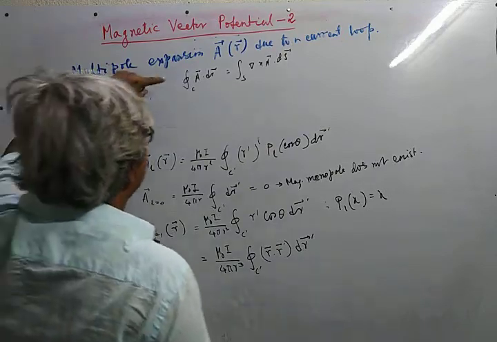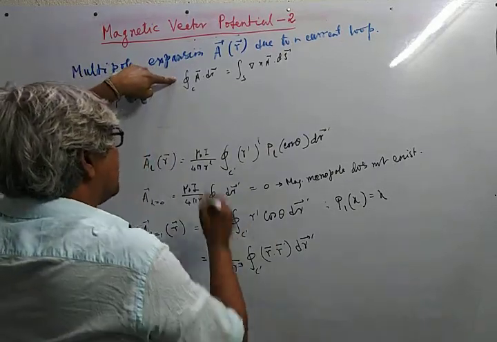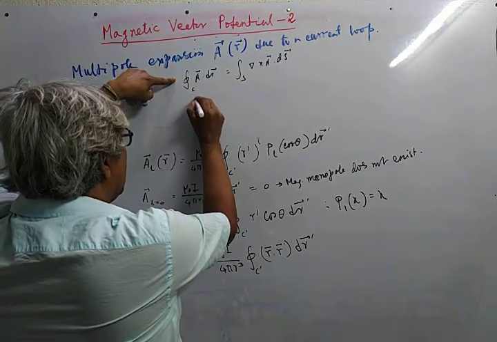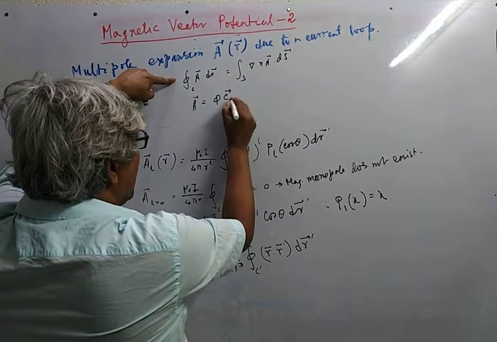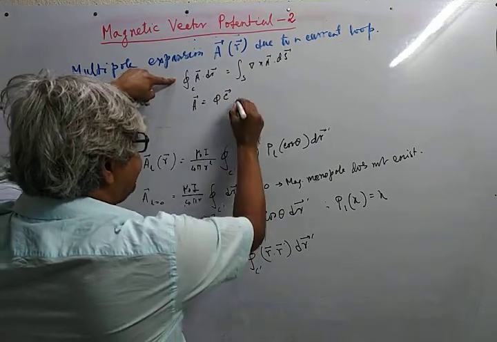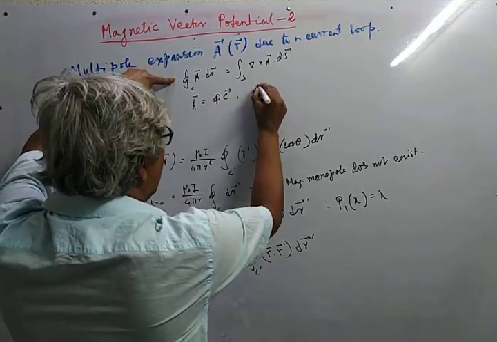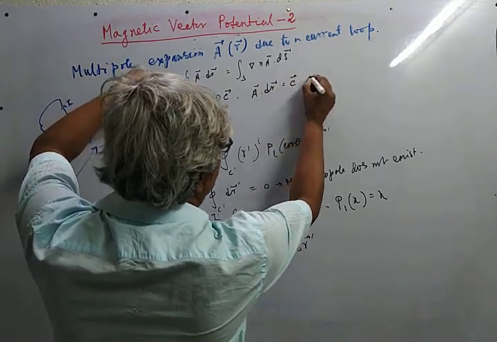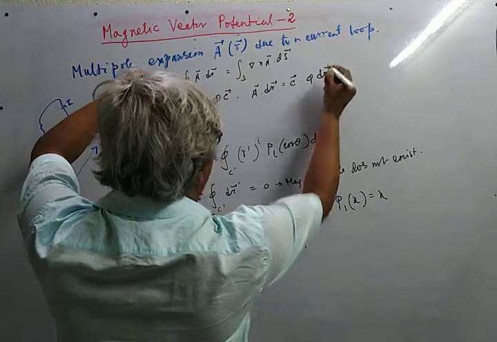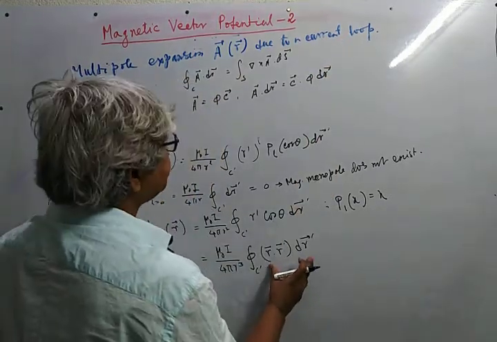We want to write this in terms of a scalar, so we write A as some scalar point function phi times an arbitrary constant vector C, so that A dot dr is simply C dot phi dr.